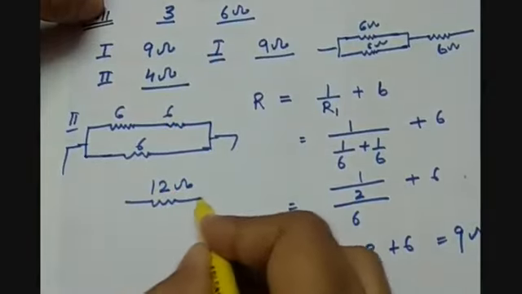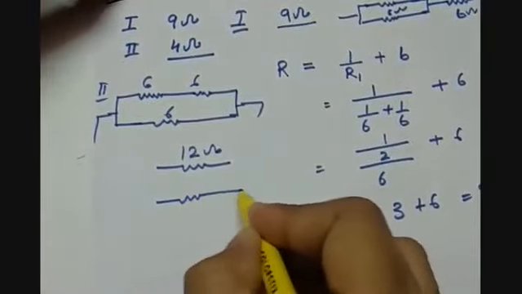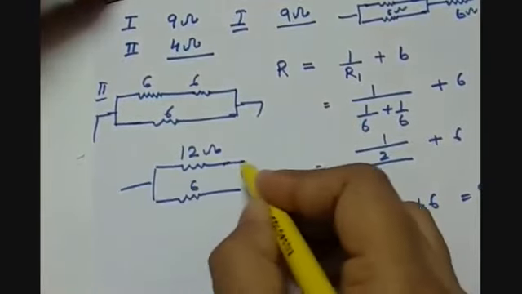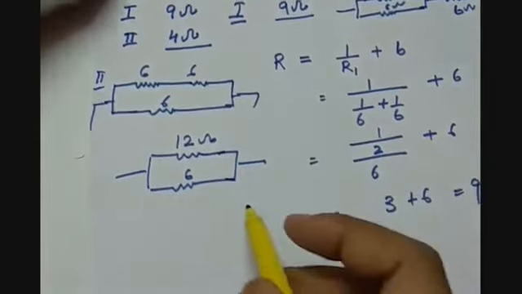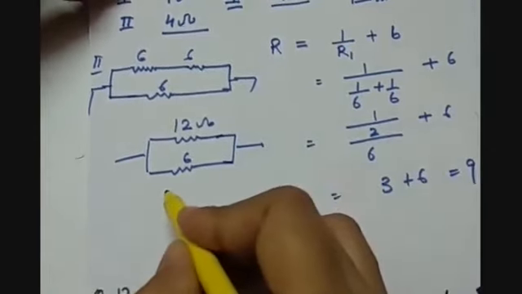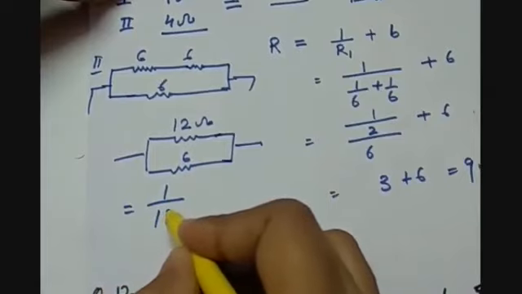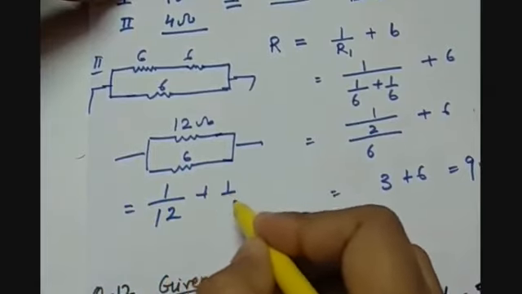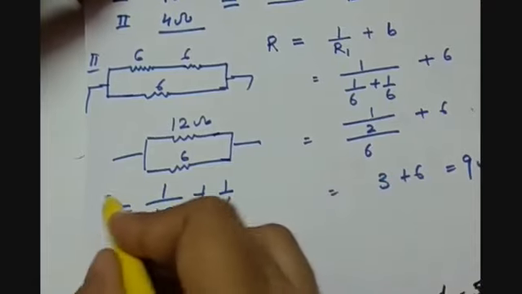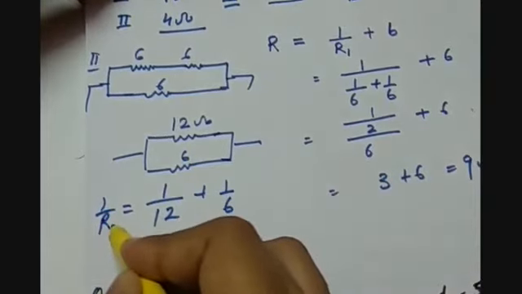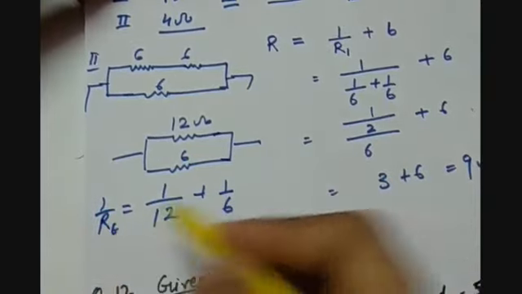So we will have the circuit arrangement like this. So let us calculate the equivalent resistance of these 2 resistors now. That would be 1 upon 12 plus 1 upon 6. So that will be our equivalent resistance.